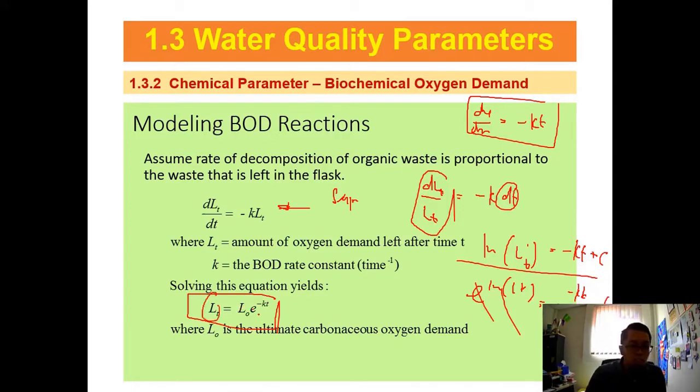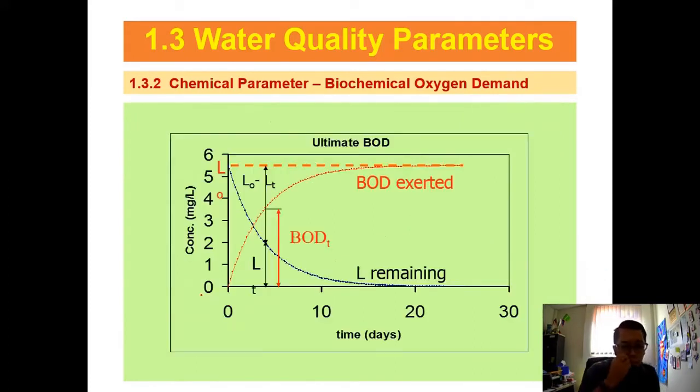So what is Lt, what is L0? L0 minus Lt gives the BOD exerted, where L0 is the ultimate and Lt is the remaining at time t.